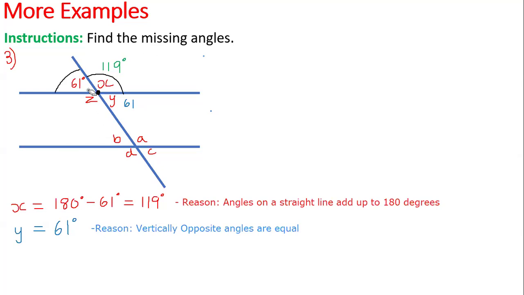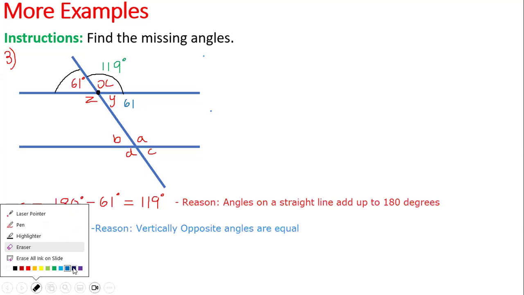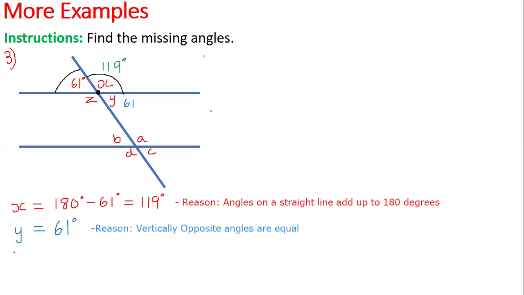So the reason is because vertically opposite angles are equal. And so this is 61, this is 61. That means that Z is going to be easy too. What is Z equal to? 119. Why is Z equal to 119?